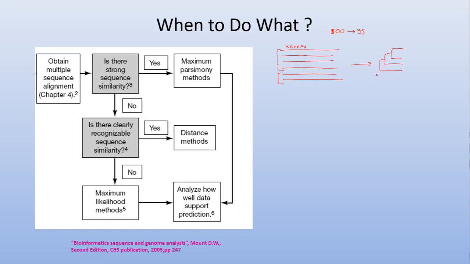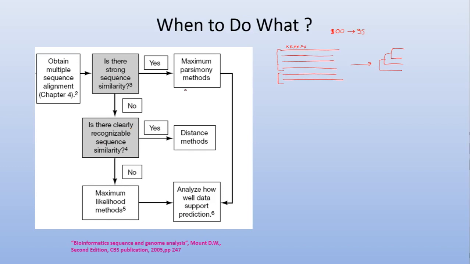Finally, after tree reconstruction, you are supposed to analyze how well your data support your prediction. So this is a typical protocol that is followed when you perform phylogenetic analysis.